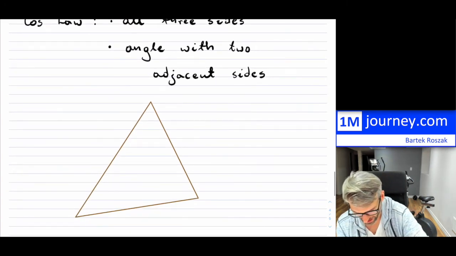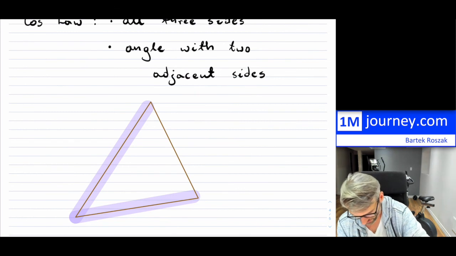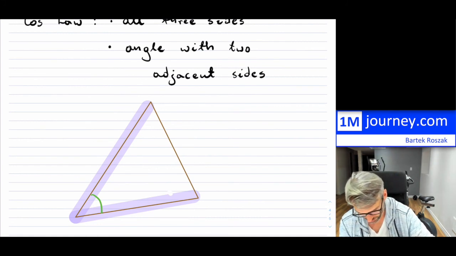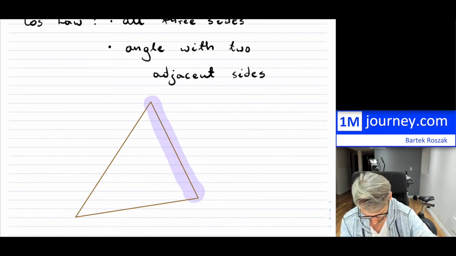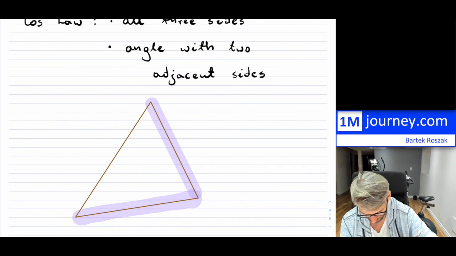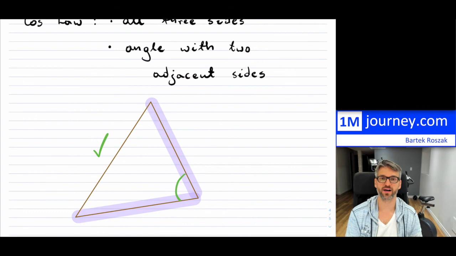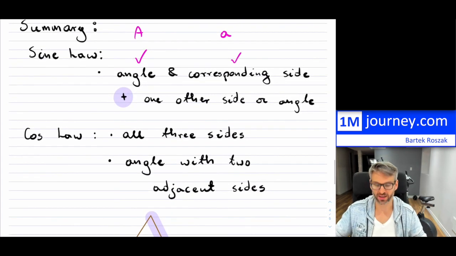What I mean by that is, if this side is given and this side is given, then this angle must be given so that you can find this side. And of course, you can do that for any two sides that you want. It can be these two, but if these two are given, then you need this angle so that you can find this side. And then you can do that for the last one. So that is basically the summary of the sine law and cosine law.